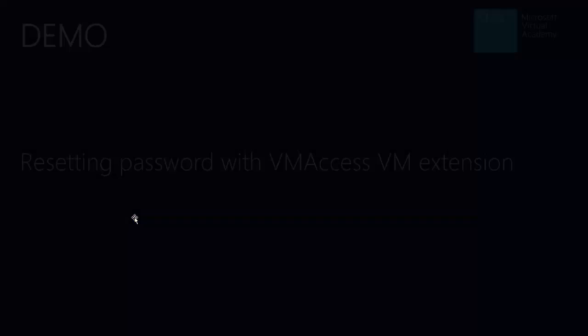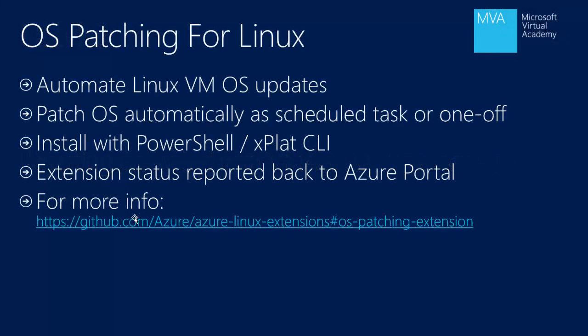So if you continue with the next extension, it's called OS patching for Linux. So as I said earlier, you can just automate Linux updates by using this extension. So you can just say, I want to install this Linux patch in 10 of my Linux virtual machines running on top of Azure. It's just easy. Just write the script.